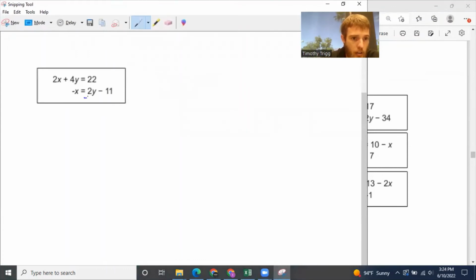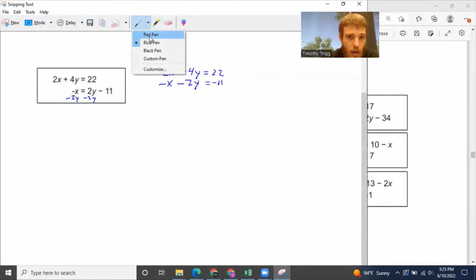So once again, I would subtract 2y on both sides to get everything lined up, giving us 2x plus 4y equals 22. Then on the bottom, we have negative x minus 2y equals negative 11. If I want to eliminate my x's, I'd probably multiply this bottom equation by 2. That way we get negative 2x minus 4y equals negative 22.